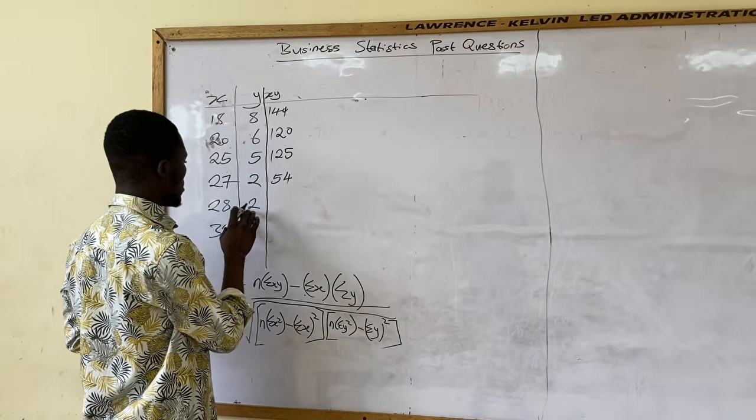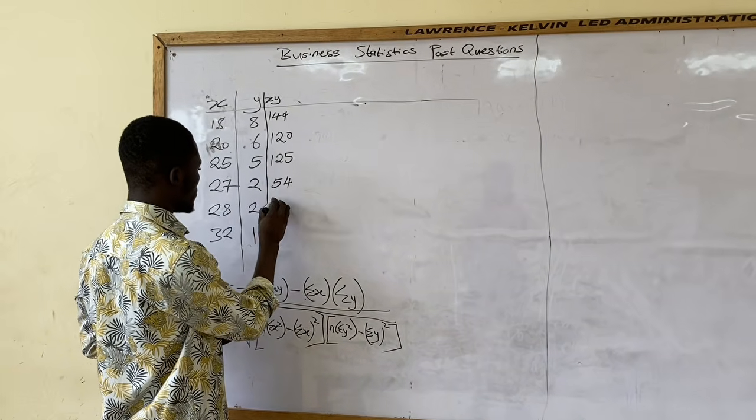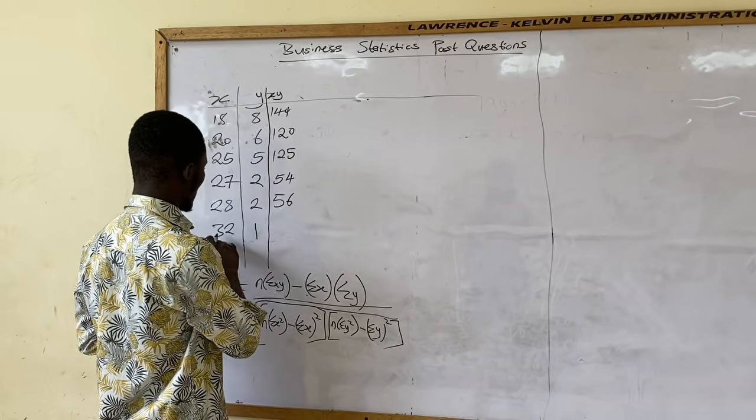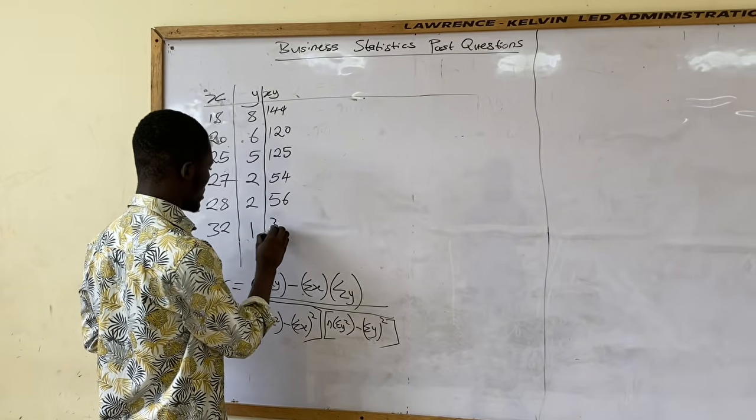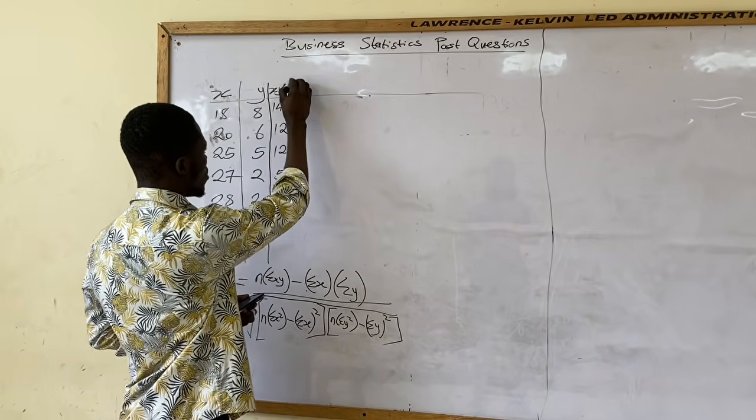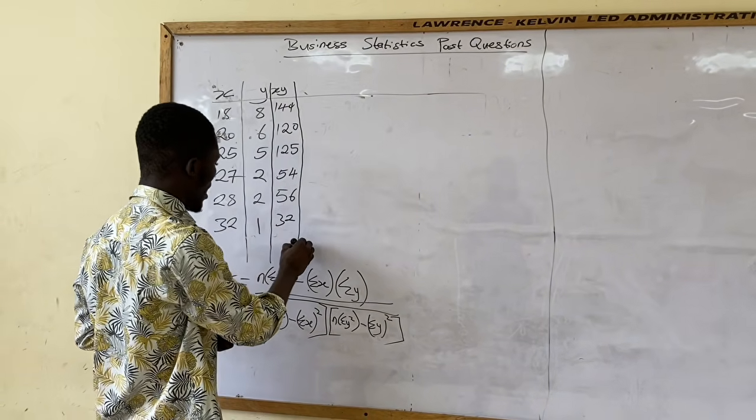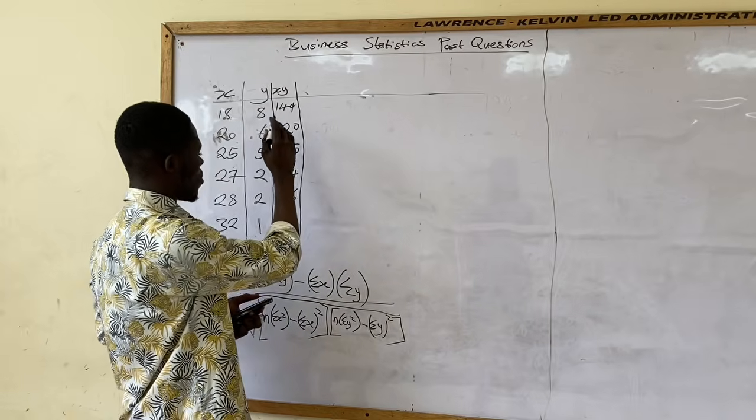Then 28 by 2, we'll get 56. 32 by 1, we will get 32.